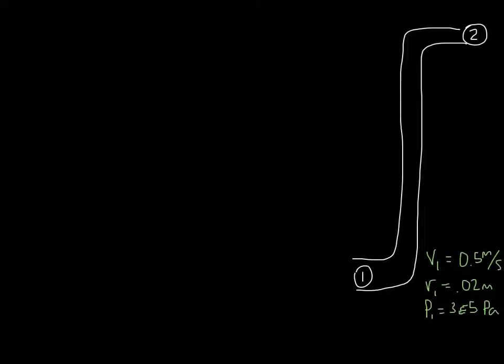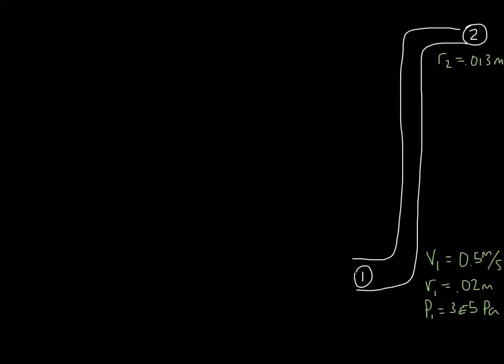And that looks like about everything for the bottom portion of the pipe. At the top, we know that the diameter is 2.6 centimeters, which means the radius is 1.3 centimeters, or 0.013 meters.